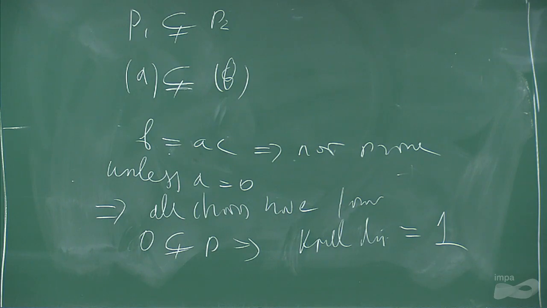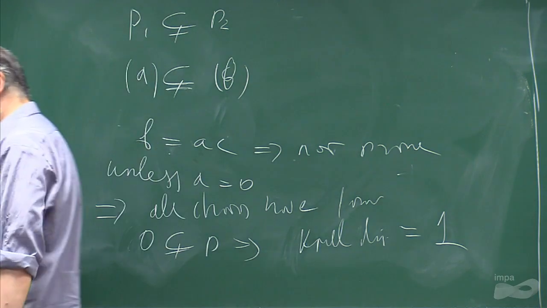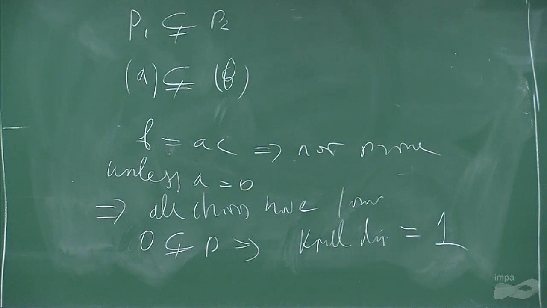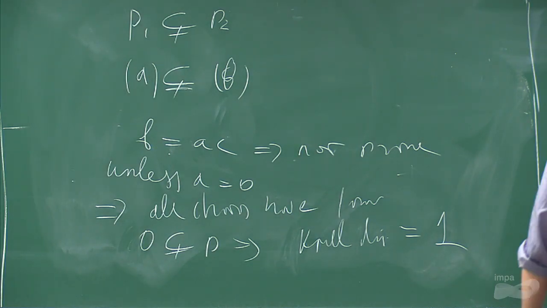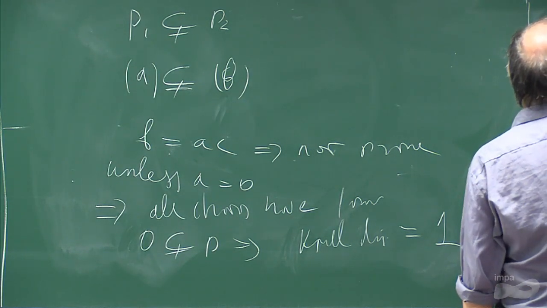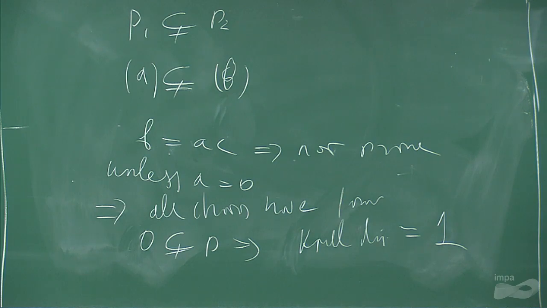Let me now give you a geometric interpretation of Krull dimension, because we know that ideals correspond to subvarieties, right? Principal ideals correspond to irreducible subvarieties. Good. Now we can define the Krull dimension of a variety.